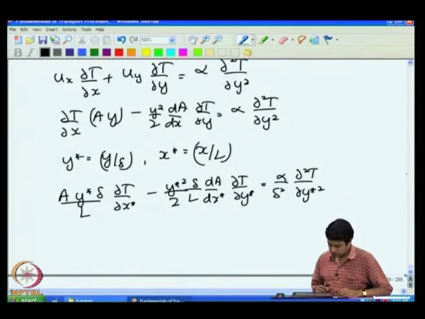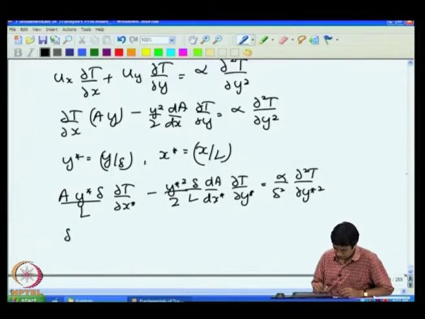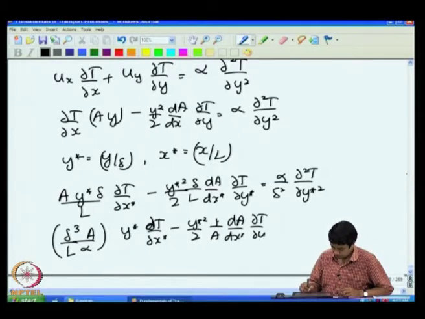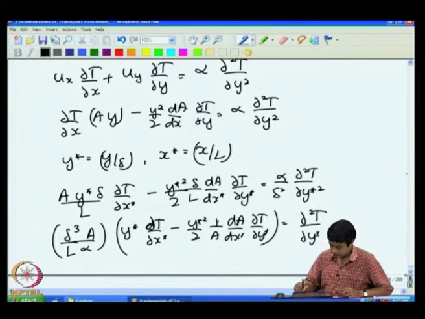And then if I multiply throughout by delta squared by alpha, I will get delta cubed by L A by alpha into y star partial T by partial x star minus y star squared by 2 1 over A dA by dx star is equal to partial squared T by partial y star squared.